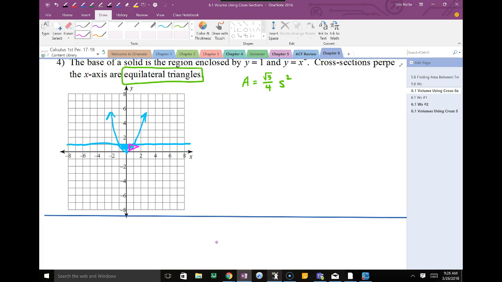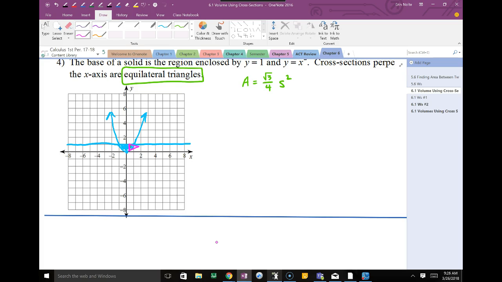So tell me what the base of the triangle is going to be. Well, what's the length of s? It's 1 if I was right at 0, but what if I slide it over just a tad?